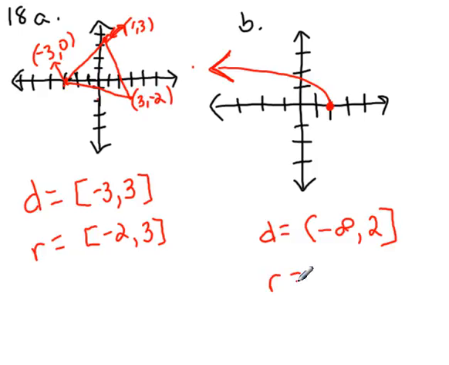That's my domain. My range, again, I look from the bottom to the top, and I have to figure out where this is on my y-axis. It's at 0, and 0 is included because of that closed circle.